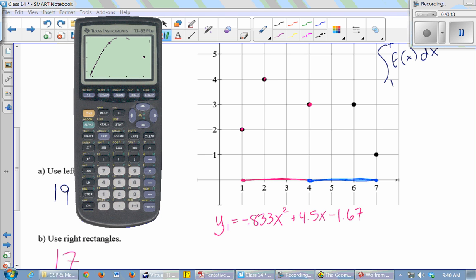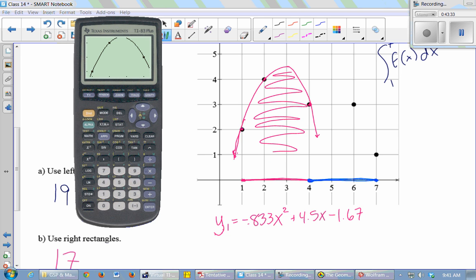So those are my 3 points, and I fit a parabola to it. So it looks like the peak is somewhere like right here, and I get this and this, something like that. So I want to find the area under the pink parabola from 1 to 4.